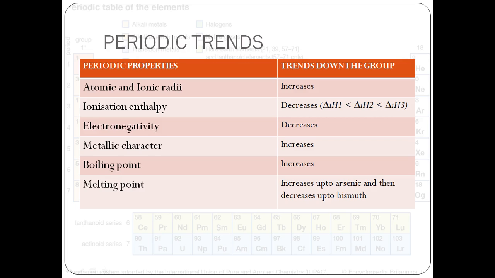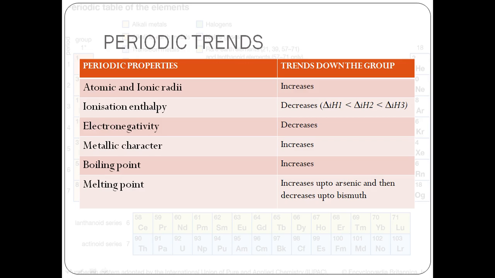In the order of successive ionization enthalpy, third ionization enthalpy is greater than second ionization enthalpy, which is further greater than first ionization enthalpy.